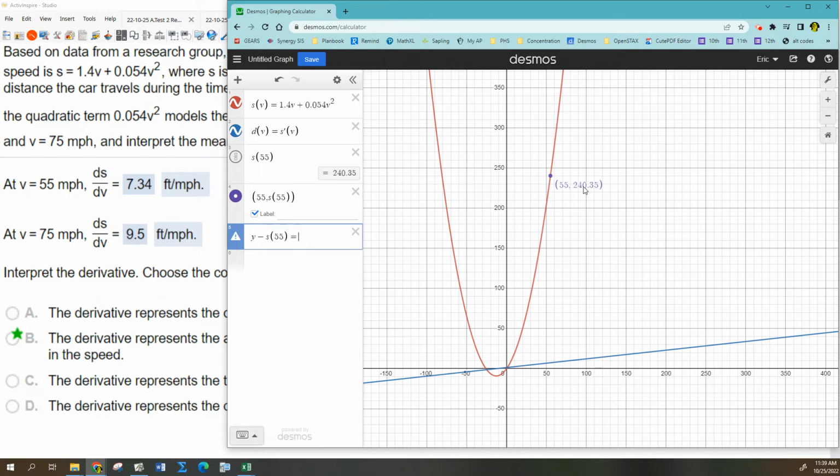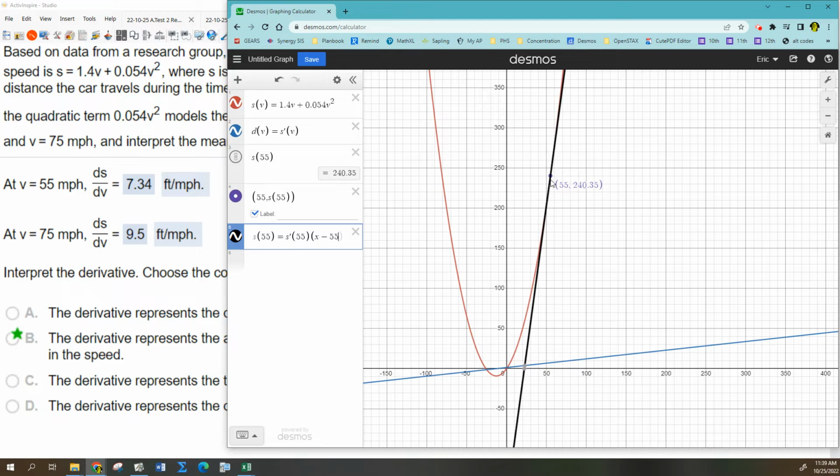The derivative, which I called d, right? I can probably even do this. Let me try, I've never tried this. S prime of 55, okay, it's doing it. Right, there's my slope, times x minus what? 55, right? X minus 55, and there's my tangent line. Look at that.